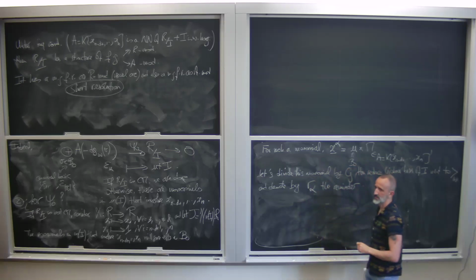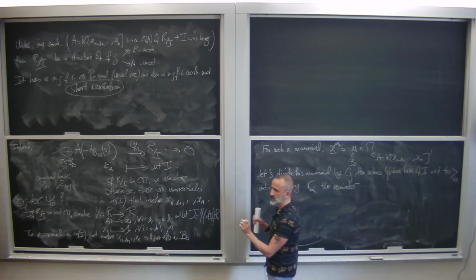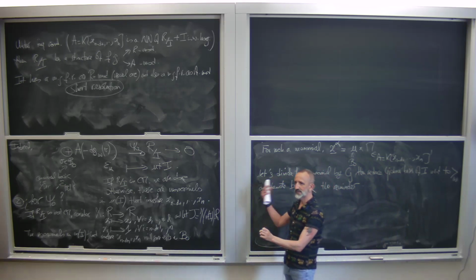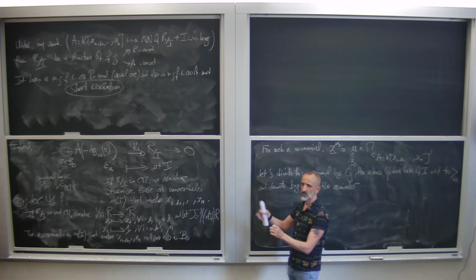in this division. So you have a monomial which is not in your initial ideal. You divide it by your Gröbner basis, so you express it as a combination of the generators of I, and you get a remainder.